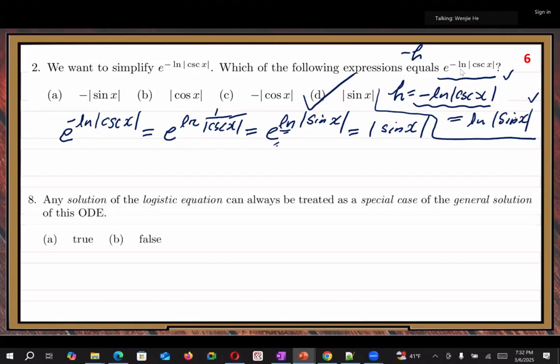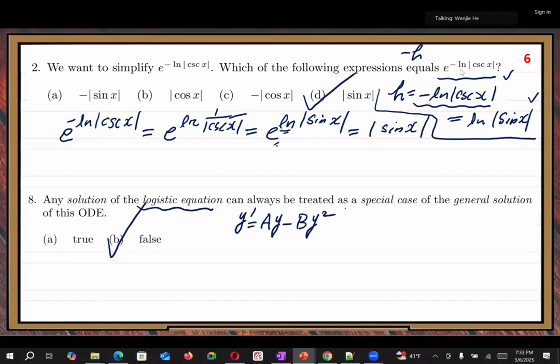Any solution of the logistic equation can always be treated as a special case of the general solution of this. That's false, because the logistic equation has a special property. What's the logistic equation? That's the logistic equation.